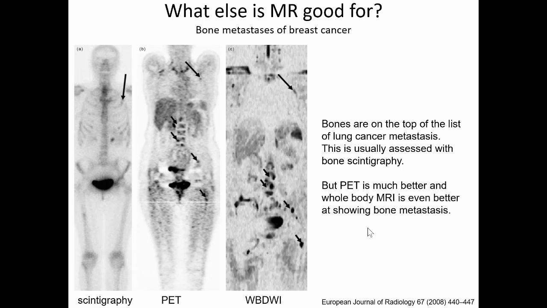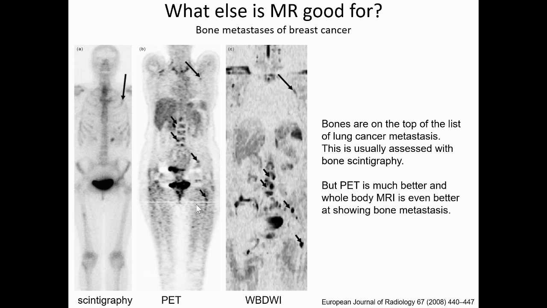MR is also good for looking for bone metastases. Usually scintigraphy is performed to look for bone metastases, but if you look at the image on the left, you can see that there's maybe 1 or 2 foci that are suspicious for metastasis.